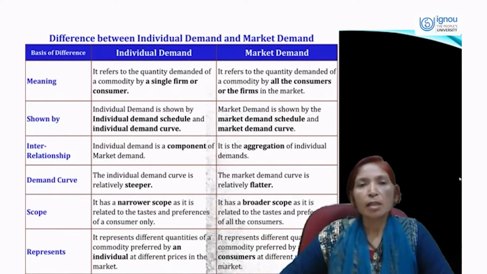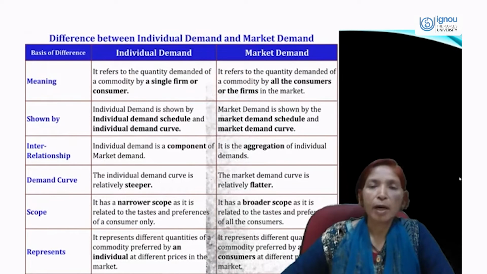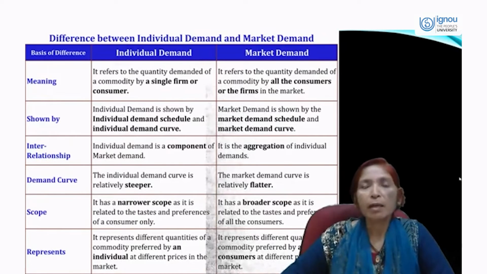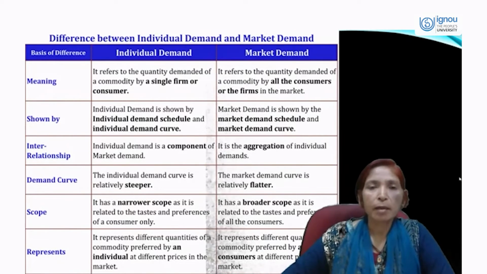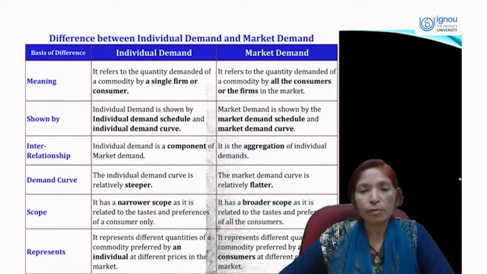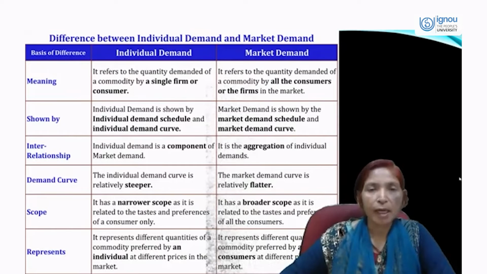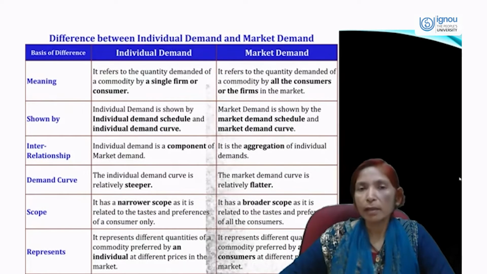Individual demand is shown by the individual demand schedule and individual demand curve, and market demand is shown by the market demand schedule and market demand curve. Individual demand is a part of market demand, but market demand is the summation, or aggregate, of individual demand. The individual demand curve is relatively steeper and the market demand curve is relatively flatter.